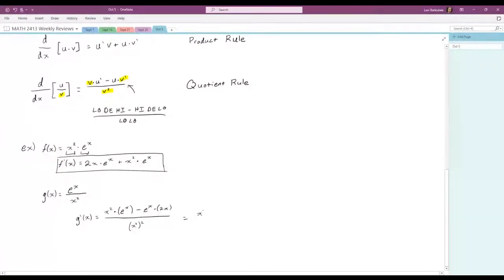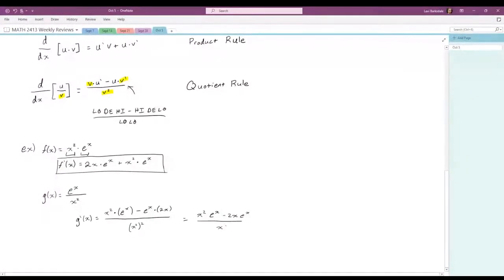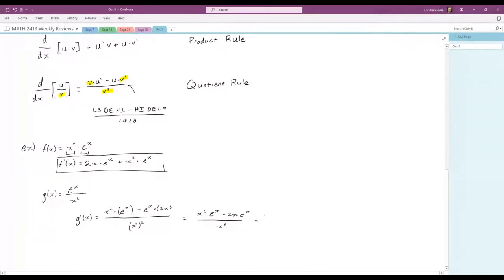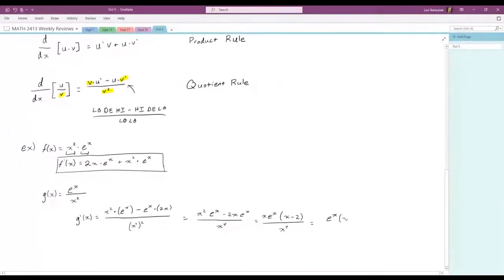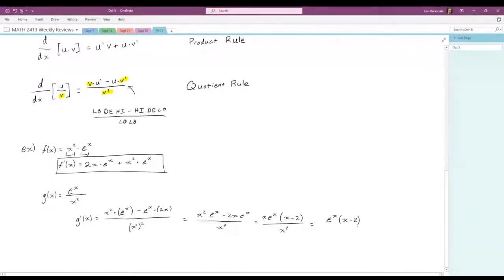And that gets me x squared e to the x minus 2x e to the x all over x to the fourth. If I wanted to simplify, I could factor out an x times e to the x on top. That leaves me with x times 2 all over x to the fourth. And now I can cancel an x on top and bottom. And this would be my final answer.